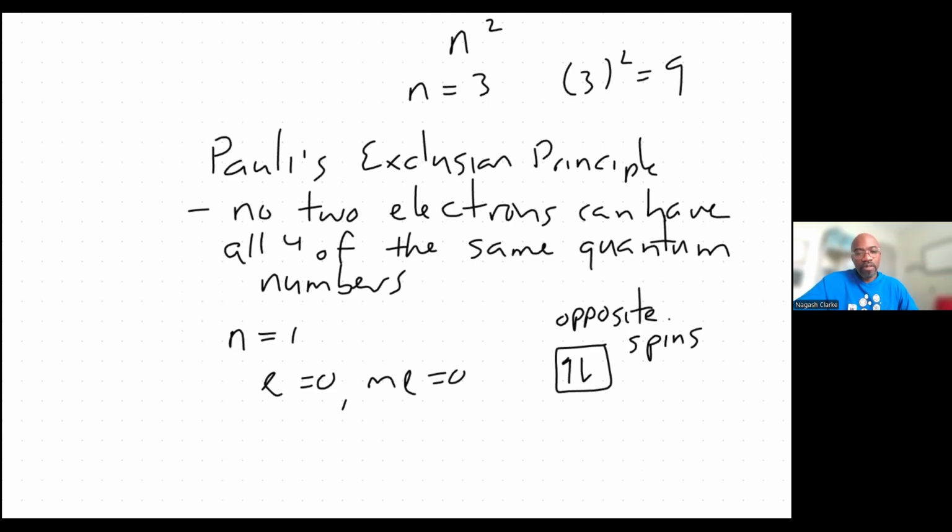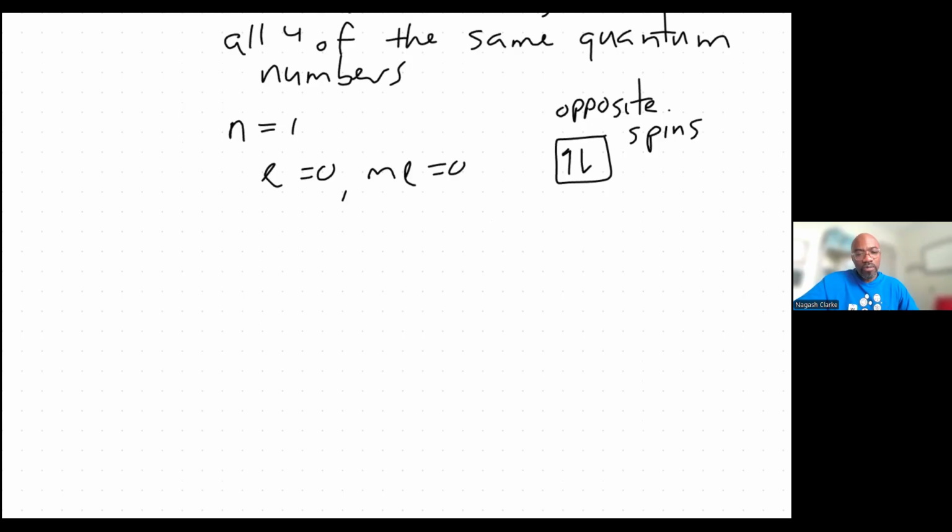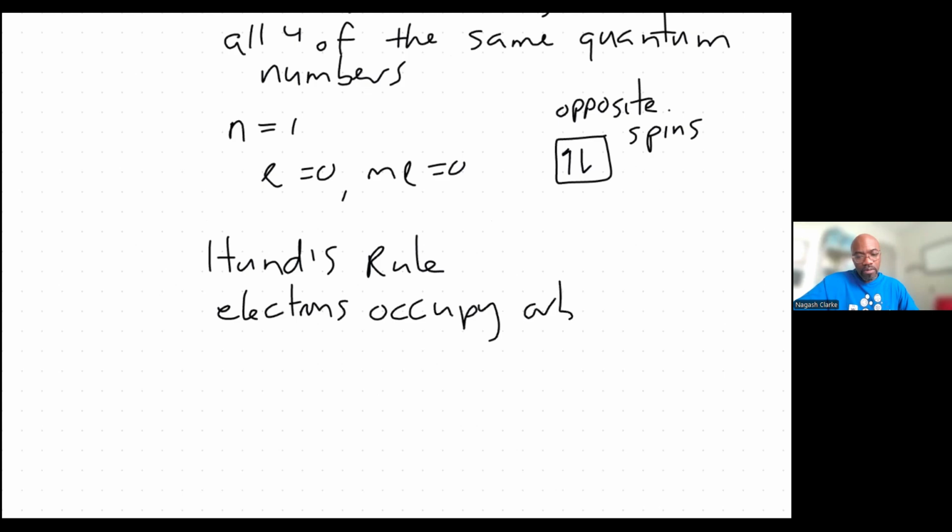Also, Hund's rule: electrons occupy orbitals singly with parallel spins.